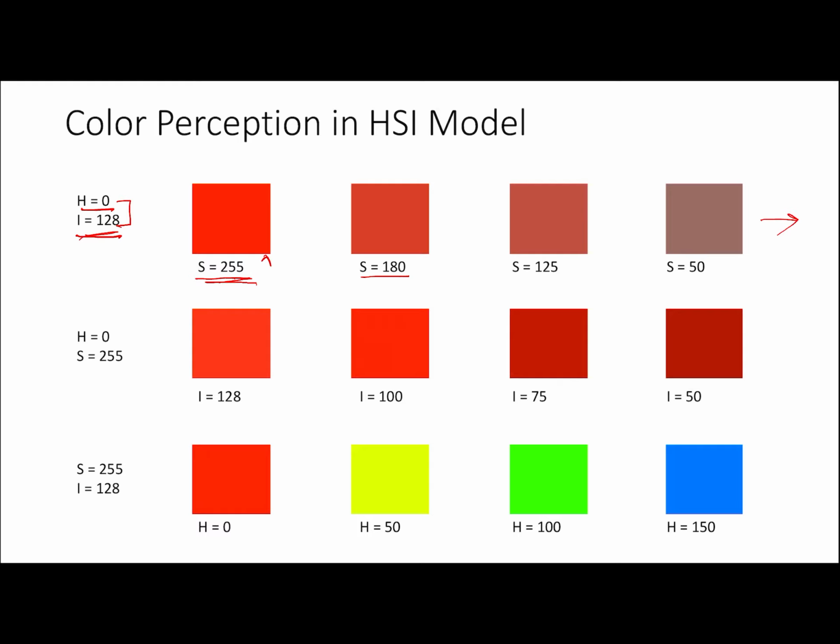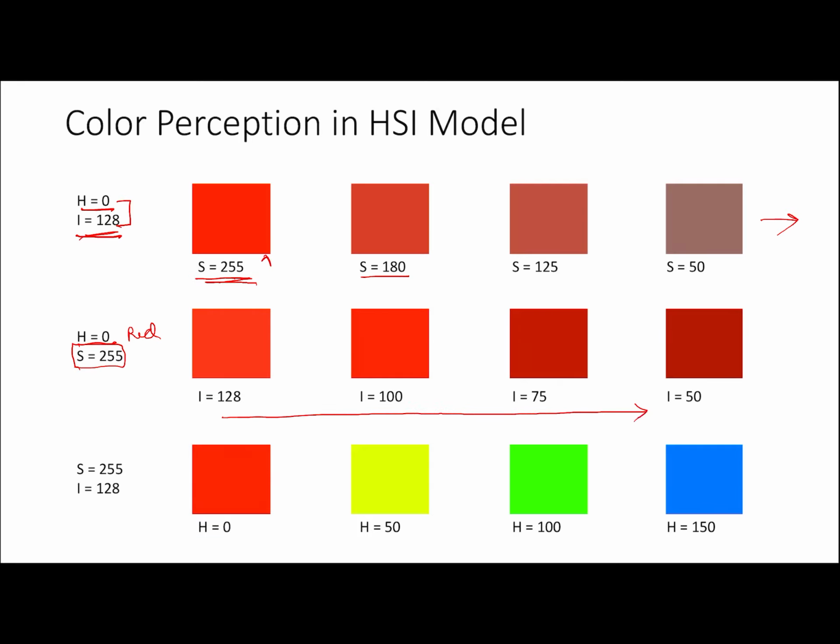Similarly, in the next row, hue again is 0, which represents red, and the saturation is kept the same, 255, but we keep on changing intensity.